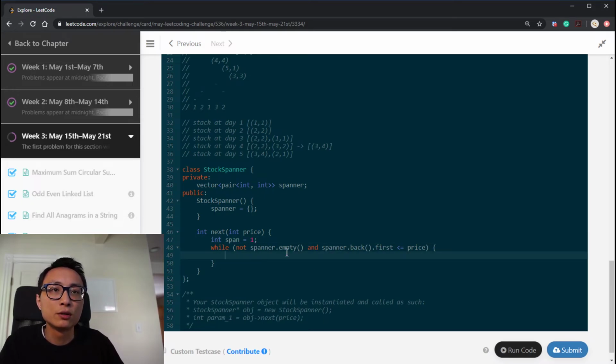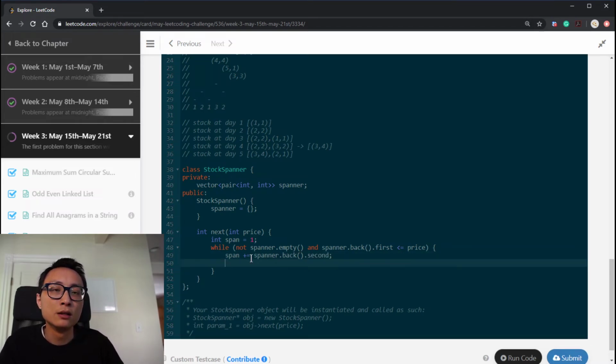The thing we do is to expand the span, and then throw out this back element.